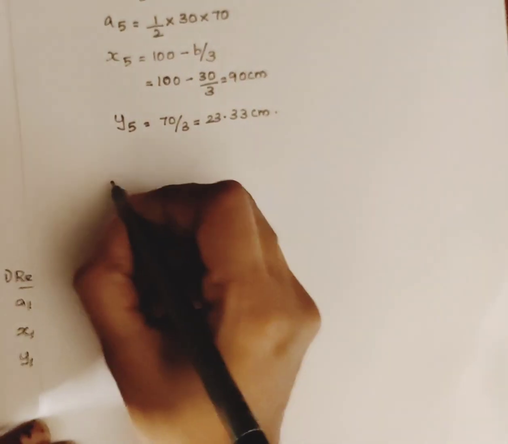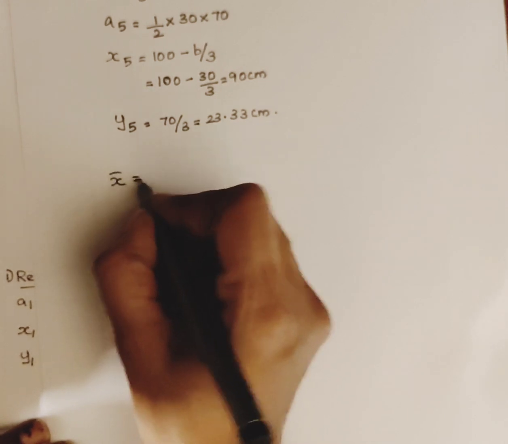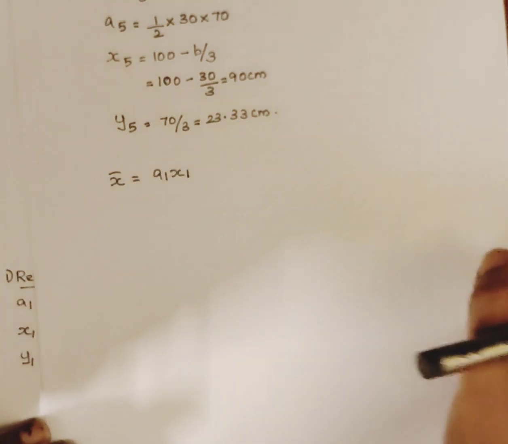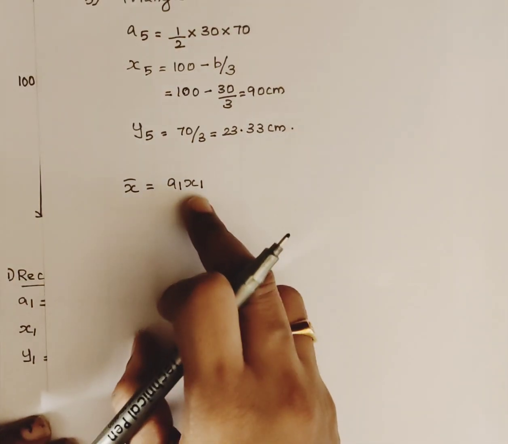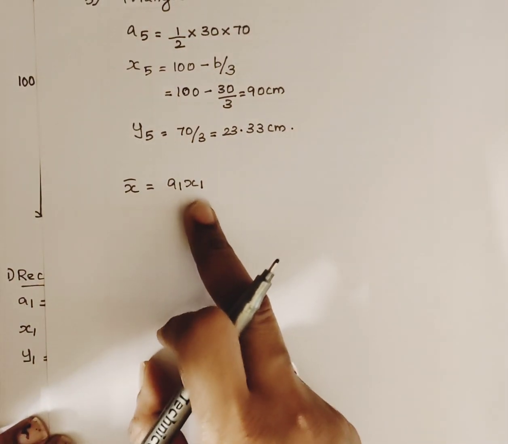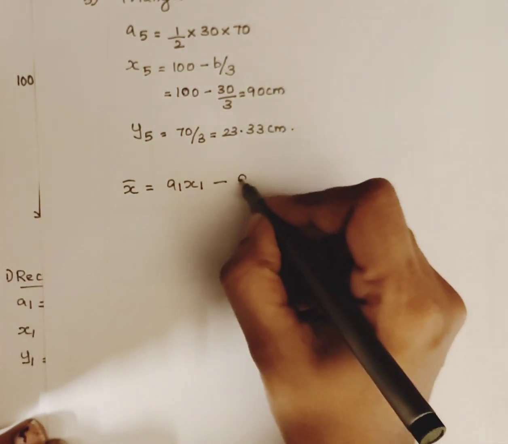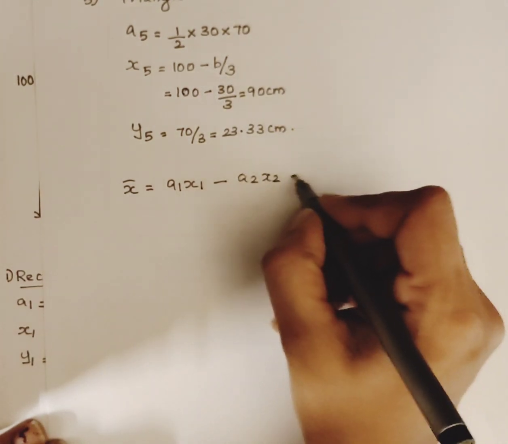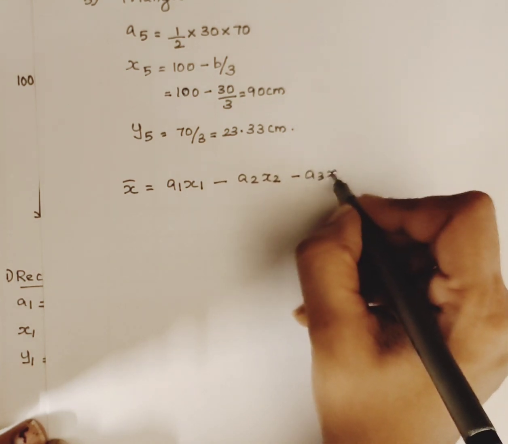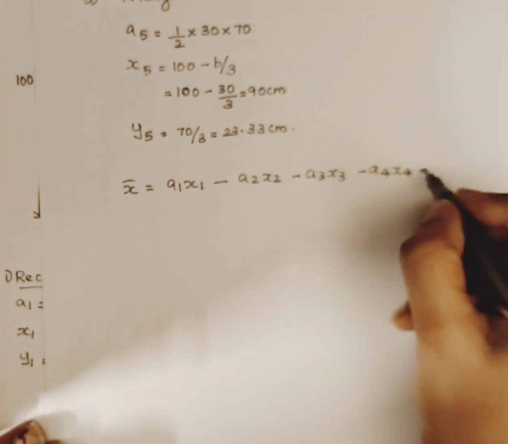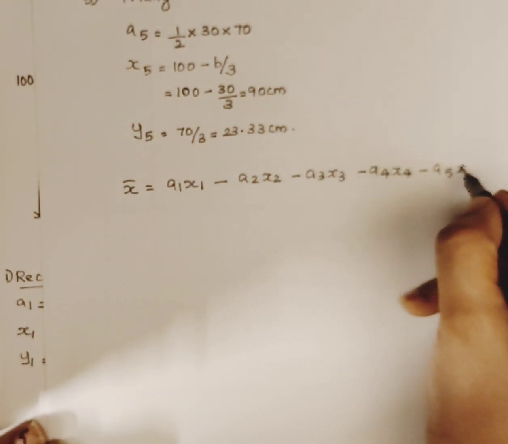So here x coordinate is equal to a1 x1, where a1 is the area of the rectangle, x1 is the position of the x coordinate of the rectangle. So that minus a2 x2 minus a3 x3 minus a4 x4 minus a5 x5, divided by a1 minus a2 minus a3 minus a4 minus a5.